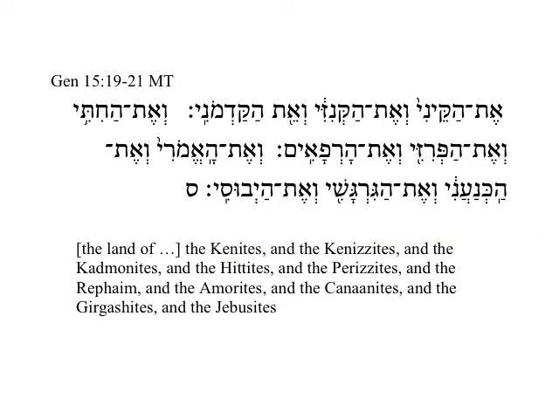And the Lord's revealing his will to Abraham in Genesis 15. In the Masoretic tradition, there's actually only a list of 10 nations that inhabit the land that the Lord is granting to Abraham and his descendants.